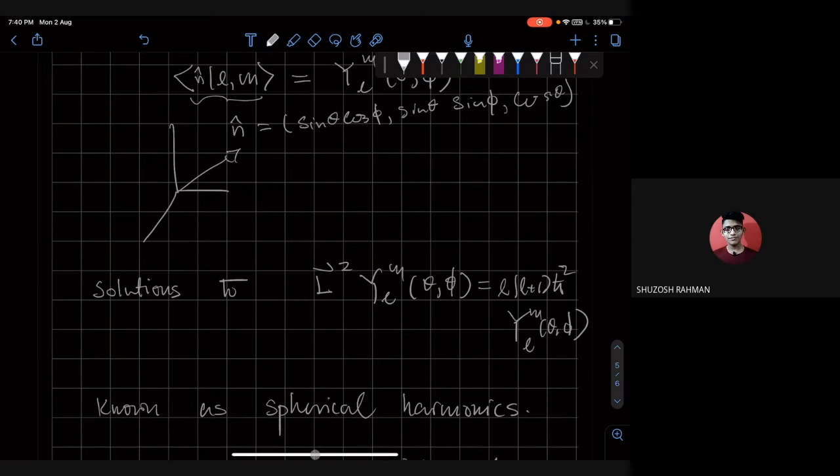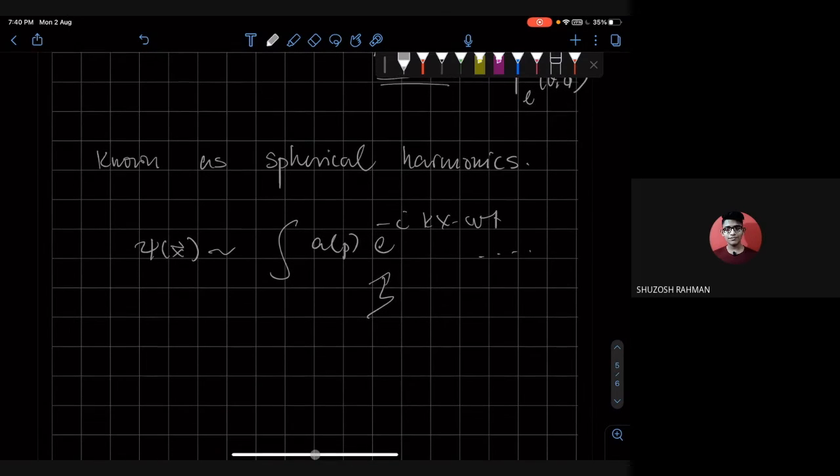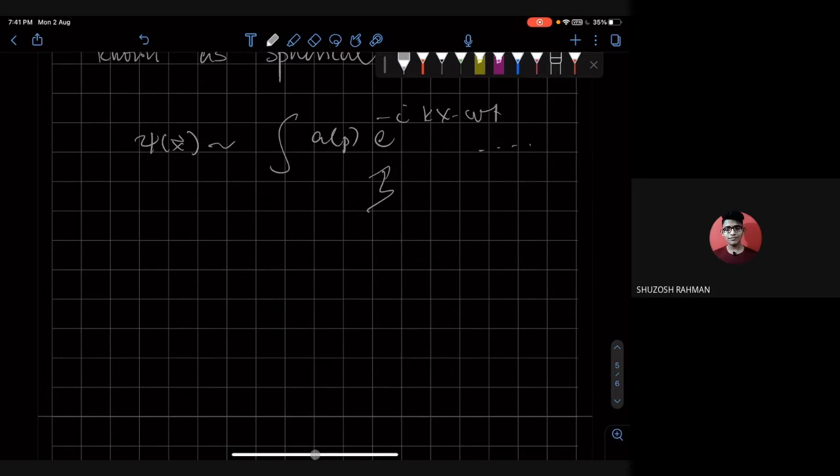But if the system has spherical symmetry, then this is the basis that we want to use. Okay, so that's the linear algebra, functional analysis point of view. So let's make some comments about the spherical harmonics.